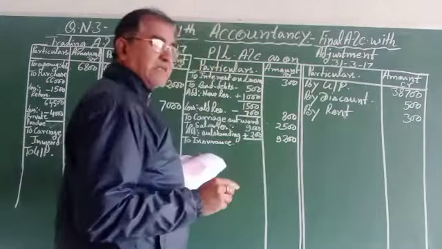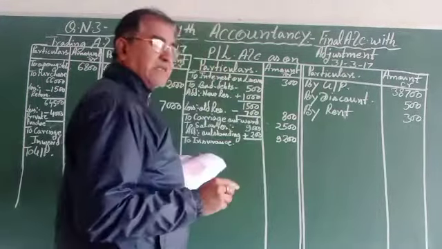Whatever the amount in the trial balance, insurance given 3,000, so we can write 3,000 and less prepaid insurance minus 200, that will be 2,800 you can see over here.